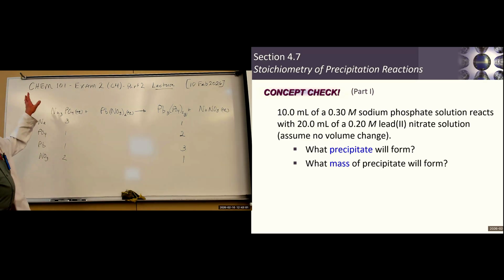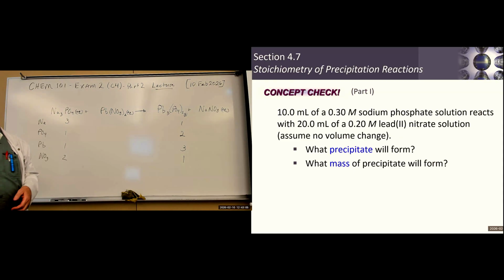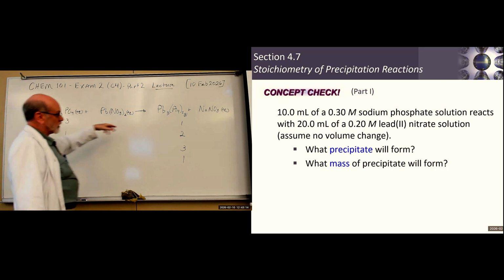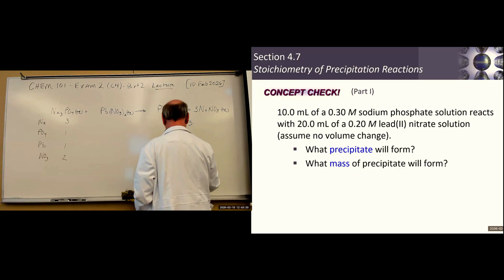The nice thing about these double displacement reactions is they are generally well behaved when you balance them. So if we start with this first one, which is where I would start, we want 3 sodiums. Right? So I put a 3 here. That gives me 3 sodiums and 3 nitrates.